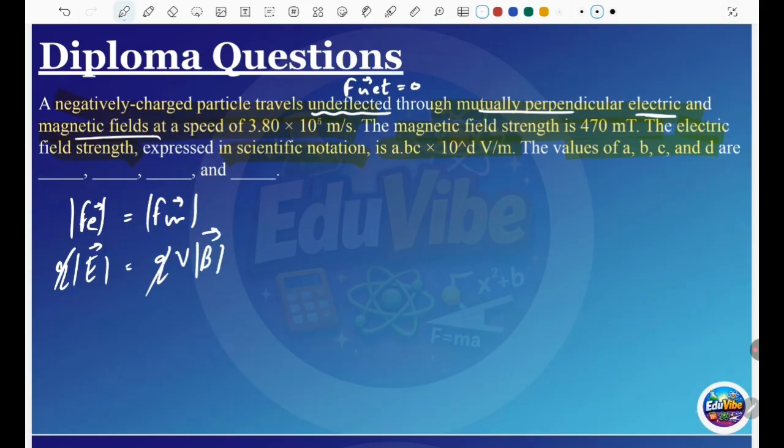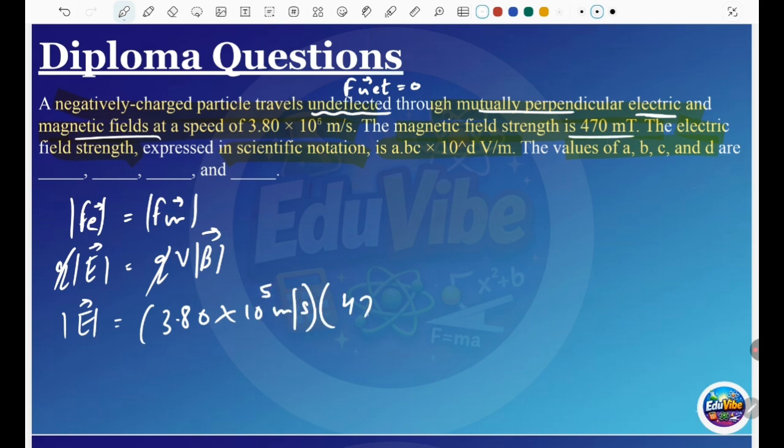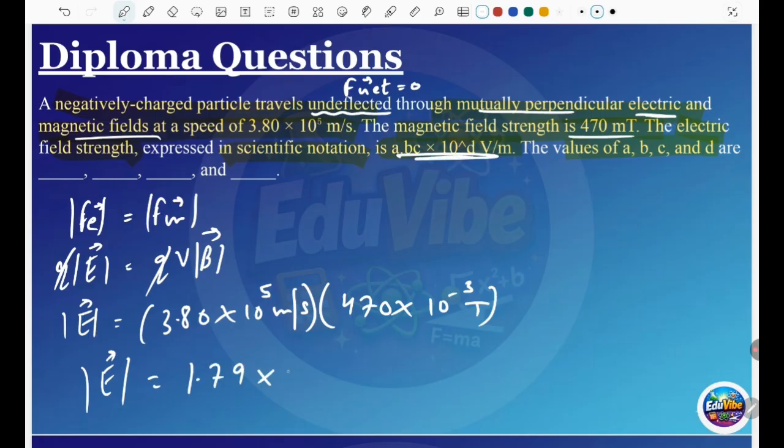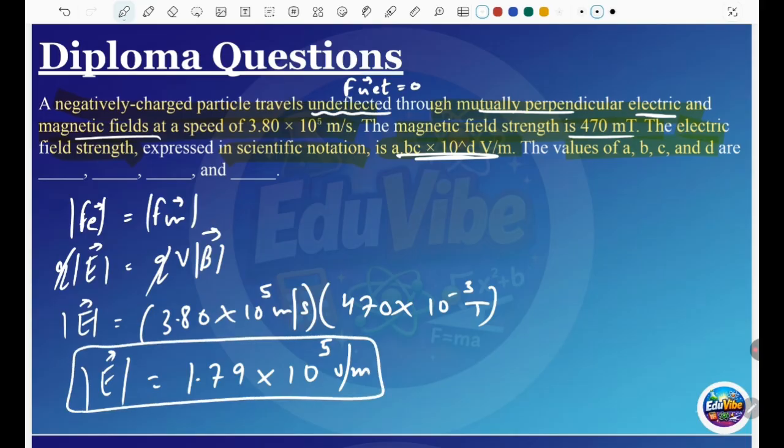From here, the q and q cancel out, and we have to find the electric field, where v is given to us, which is 3.80 × 10^5 meters per second, and the magnetic field is also given, which is 470 millitesla, or 470 × 10^-3 tesla. When you calculate this, you get 1.79 in scientific notation times 10^5 volts per meter. So this is the answer, and for A, B, C, and D, it's 1, 7, 9, and 5.